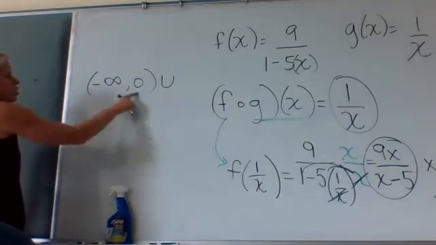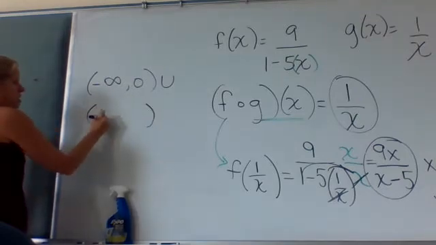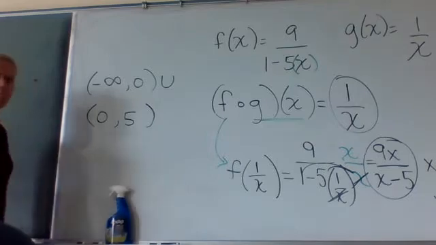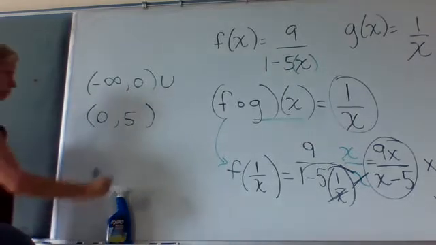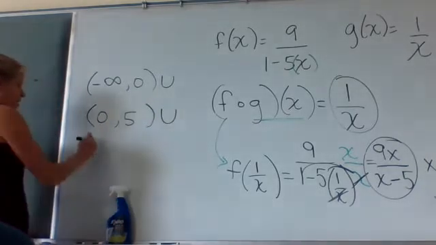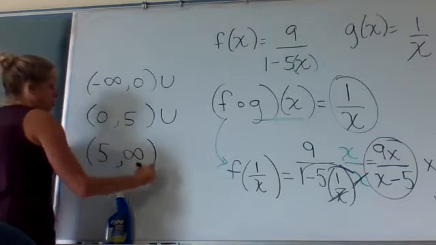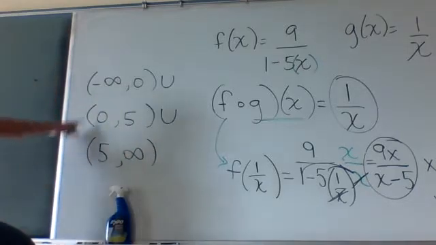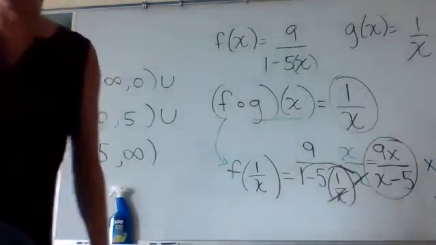So what do you want to include after all the numbers below 0? In your second grouping, you'll want to include all the numbers between 0 and 5. And the last group is all the numbers above 5, which would be 5 to infinity. So it'll be those 3 things as your domain.